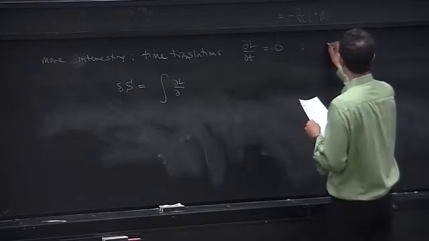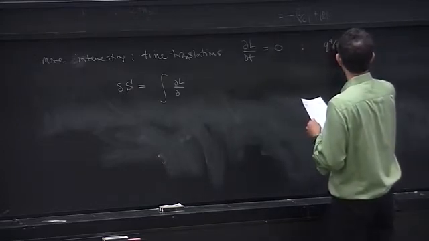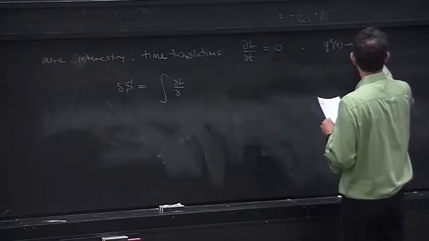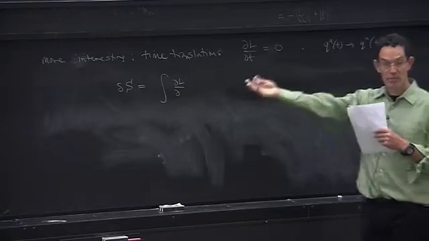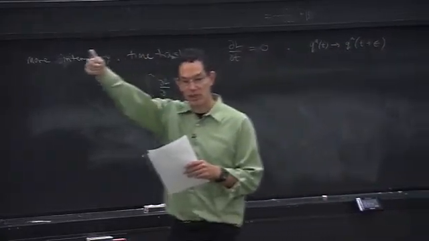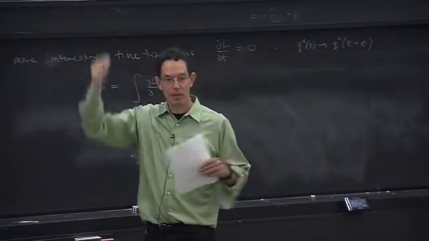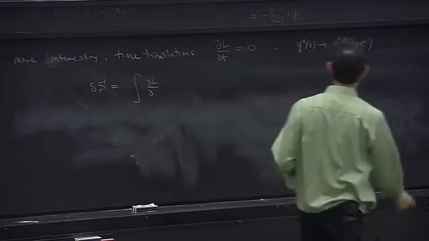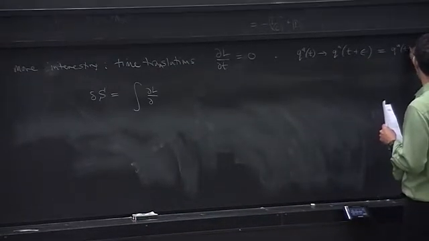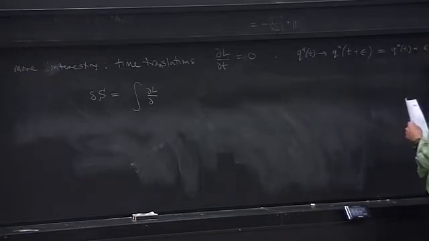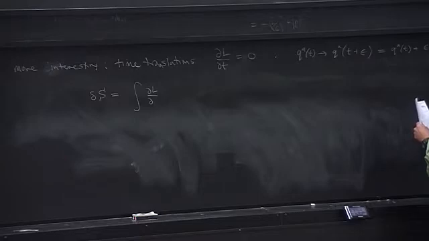Time translation on the coordinates means that q_a of t goes to q_a of t plus epsilon. So I take my trajectory, and I just shift the time. That, of course, is equal to q_a of t plus epsilon times q_a dot of t.